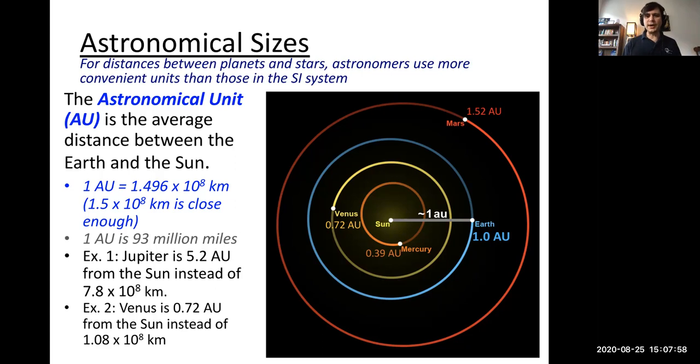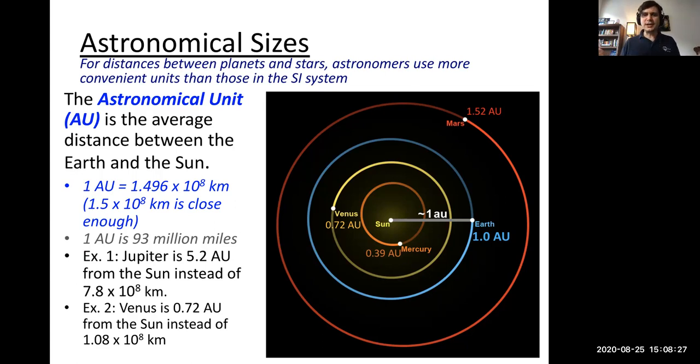So how far away is the Earth from the Sun? It is 1 astronomical unit, which we will indicate by saying AU. So 1 astronomical unit, the distance between the Earth and the Sun, is equal to 93 million miles. Or if you want to put a little bit more precise, 149.6 million kilometers, which you're going to remember as 1.5 times 10 to the 8th kilometers.